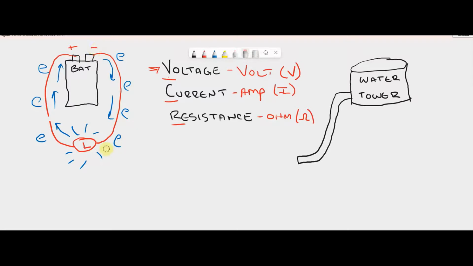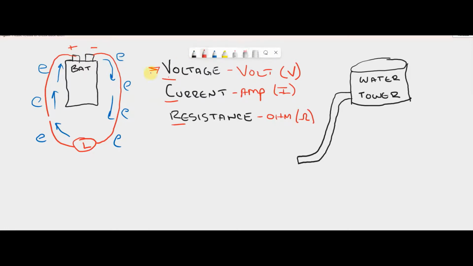Well, if those electrons can't flow, then that light would have to be off, or it would turn off. That would be a very high resistance. High resistance being it's so high, it's air, there's nothing there for the current to travel through. It's so high that current can no longer flow. All right, that's our example there.